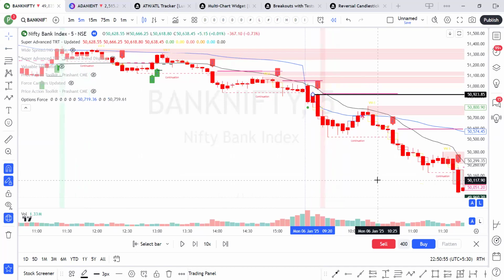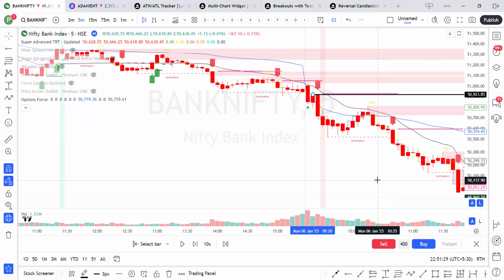From here, the nearest strikes will be 50,900 and 51,000. So 50,900 will be at the money, and 51,000 will be slightly in the money put. You can use both of them and buy, or sell, you can use both of them and sell call.